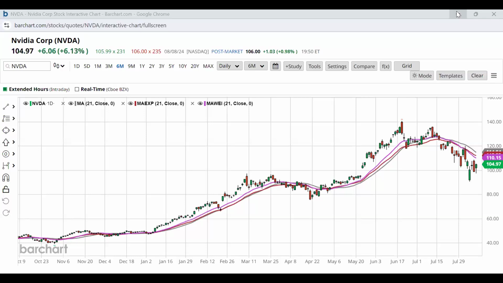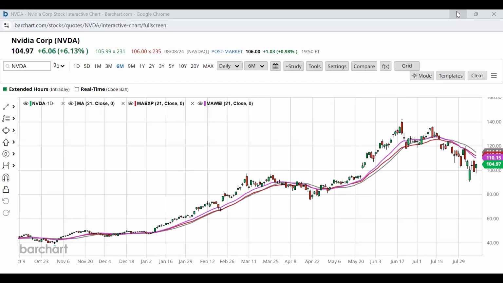So on indicators in any app like TradingView or Webull or any bar chart or any other, if you go to indicators and search on moving average like MA, here I had searched MA, which is moving average. I got options like exponential moving average, simple moving average, weighted moving average.